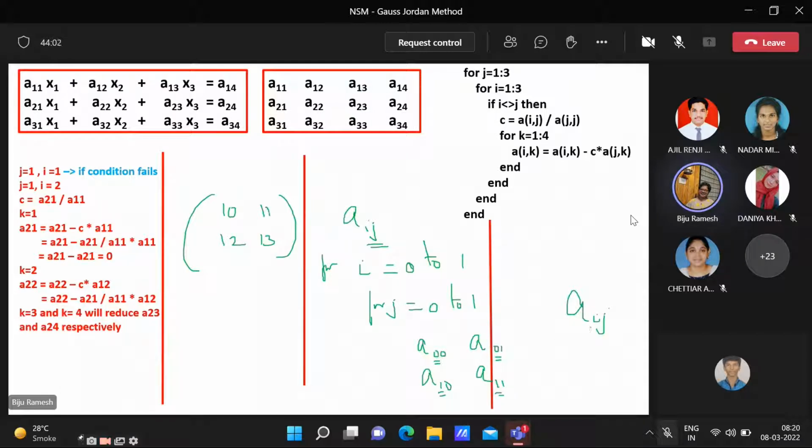First i is not changing, j is changing. i is 0, j takes the values 0 and 1. Next, i is 1, j takes the values 0 and 1. So does i represent row or column?